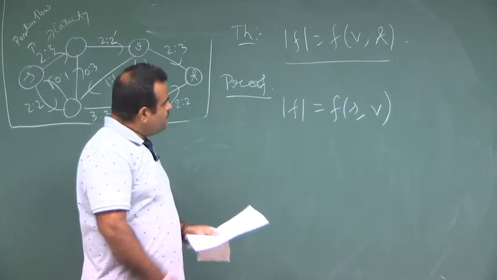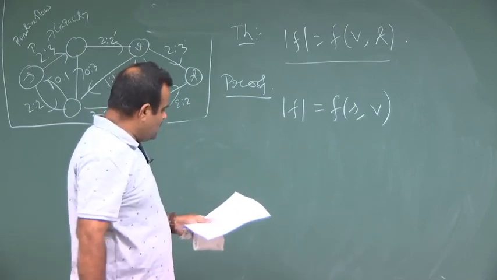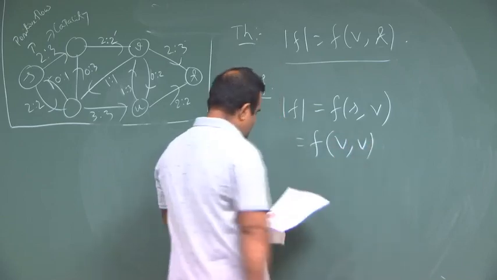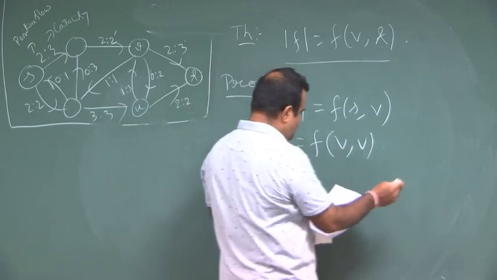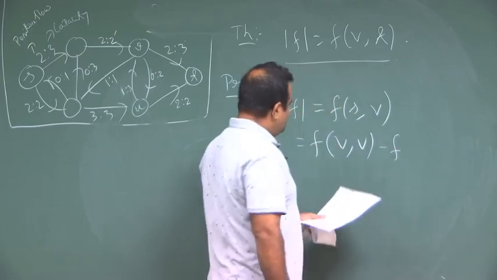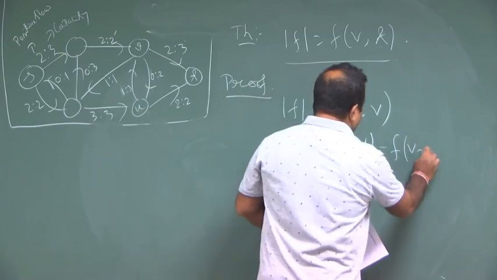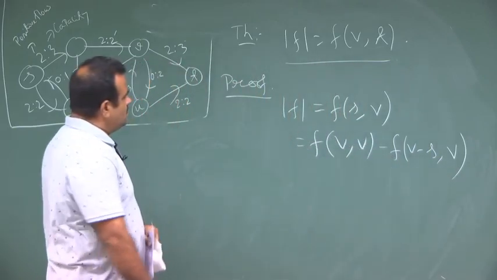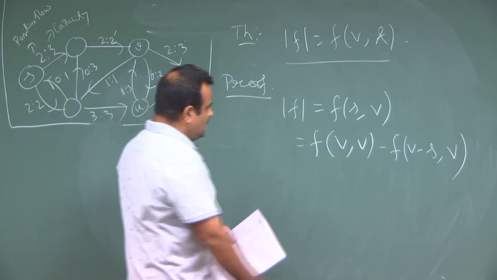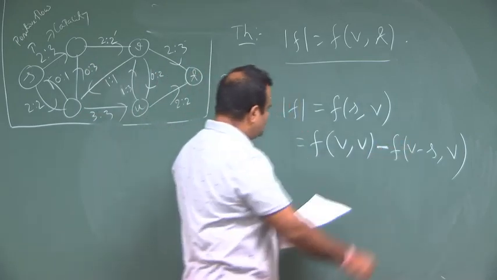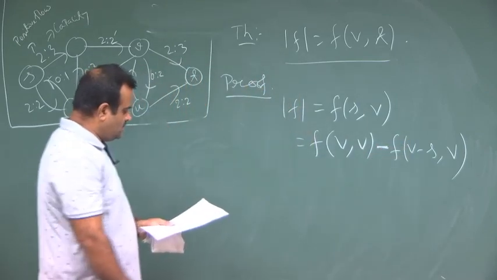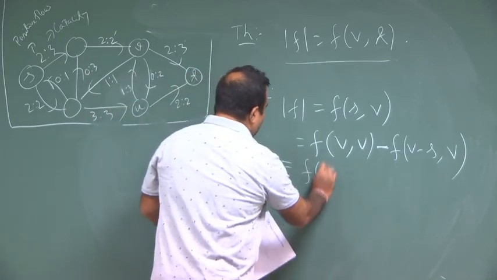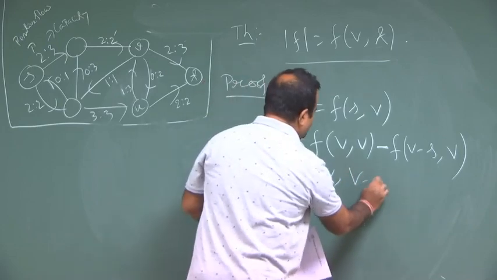Okay, so then how do we do that? We can write f of s comma v as f of v comma v minus f of v minus s comma v, because f of v comma v is 0, as we have just seen. We can omit the brackets. This is coming from the properties we have discussed. So, this is nothing but minus f of v comma v minus s.